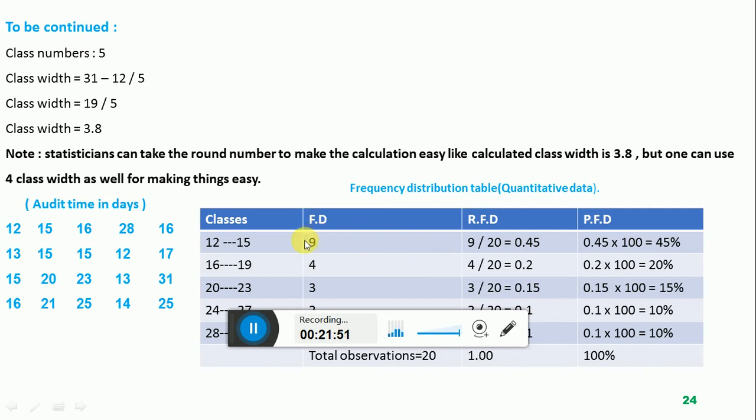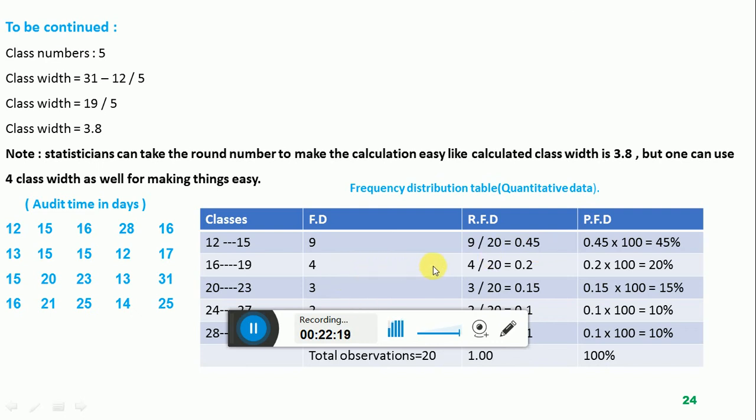Suppose we are computing the relative frequency of the first class. The frequency of the class is 9, and the total number of data items is 20. 9 divided by 20 is equal to 0.45. 0.45 is the relative frequency of the first class. I am again repeating, relative frequency defines the fraction, the proportion of a particular class relative to all other classes, relative to the entire data set.